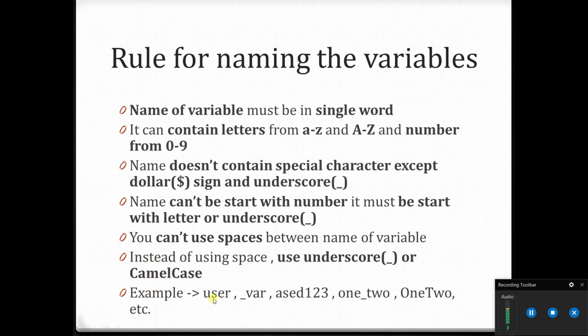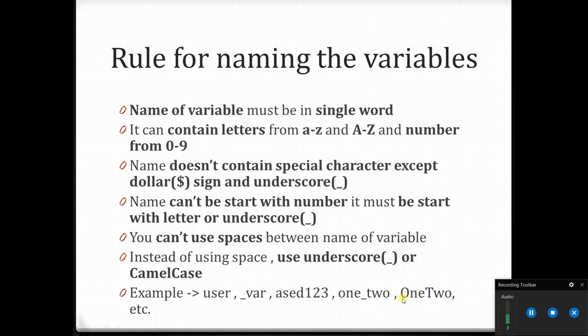So the examples: user, this is a valid name for a variable. Underscore where, this is also a valid name. ASED123, 1 and underscore 2, and the last one is an example of camel case.